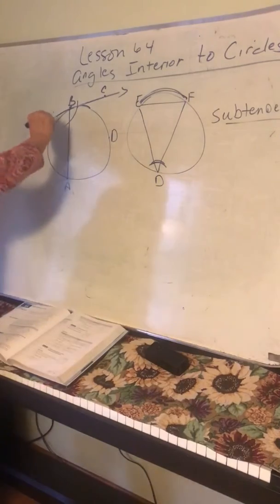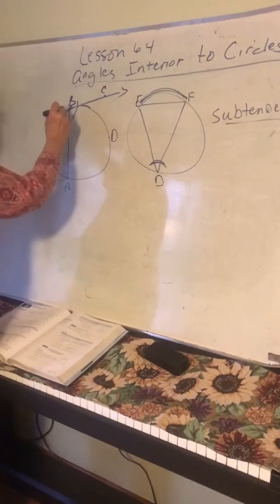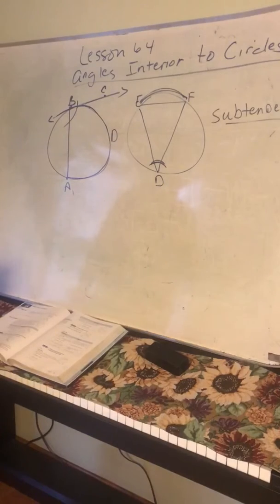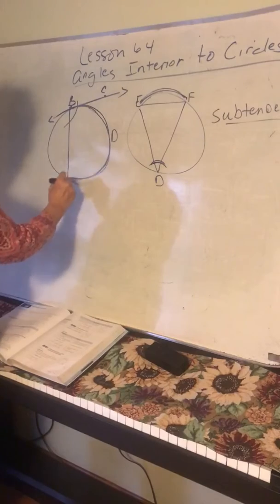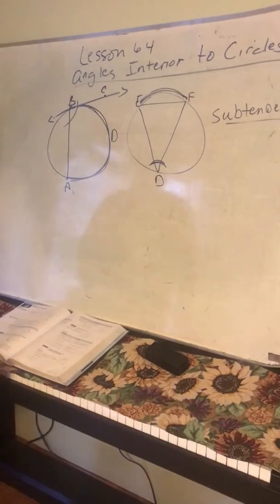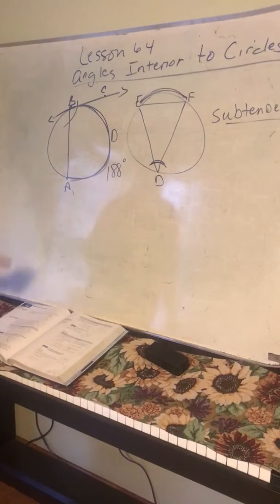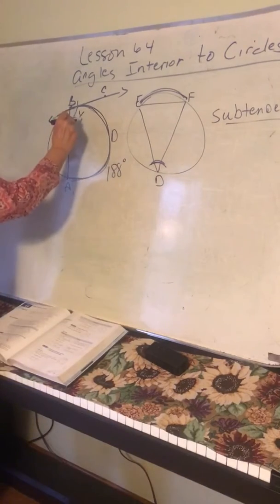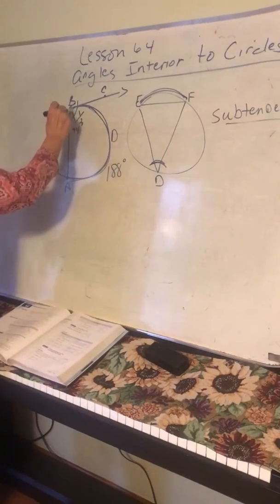It has a subtended portion of the circle right here, and that whole entire measurement is 188 degrees. The angle from the tangent is 1/2 of that. So this one right here is 94 degrees.